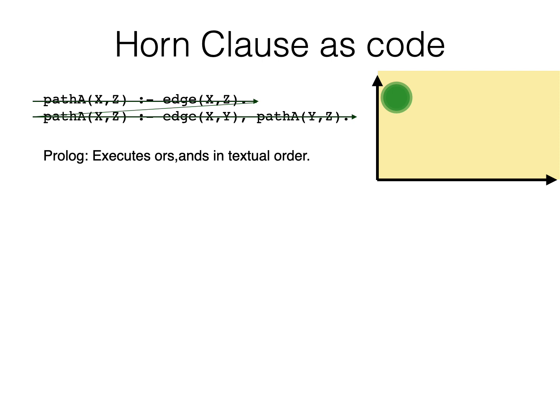It's completely 100% the programmer's responsibility to guide the order of computation, and it's this guaranteed left to right, top to bottom order that gives the programmer complete control of the control flow. And if the programmer writes something that never terminates, well, that's on them. It's very easy to write something that never terminates.